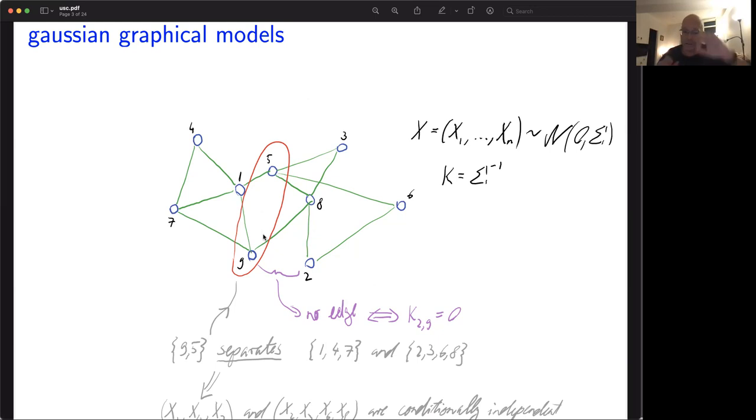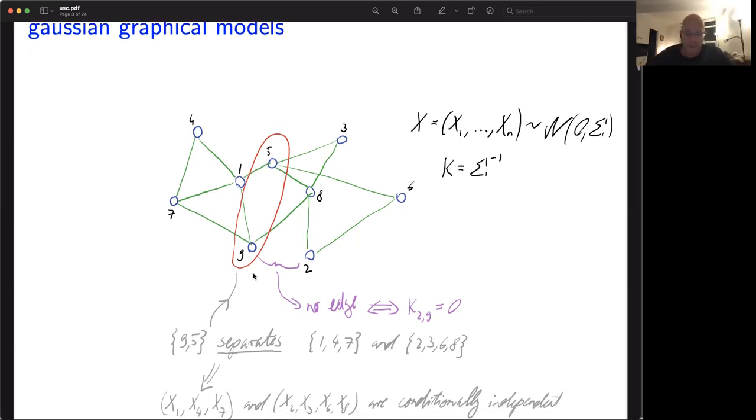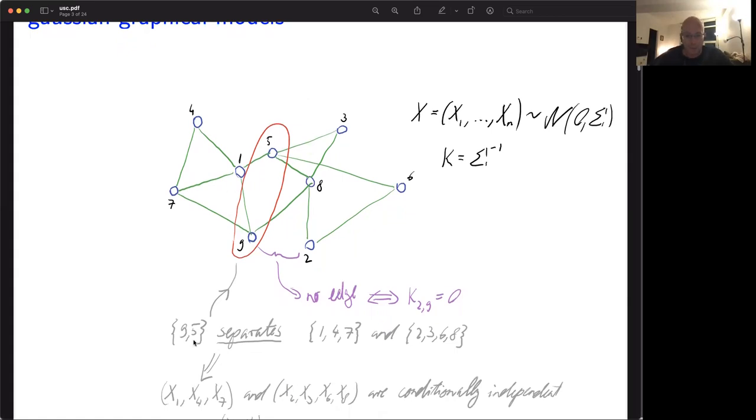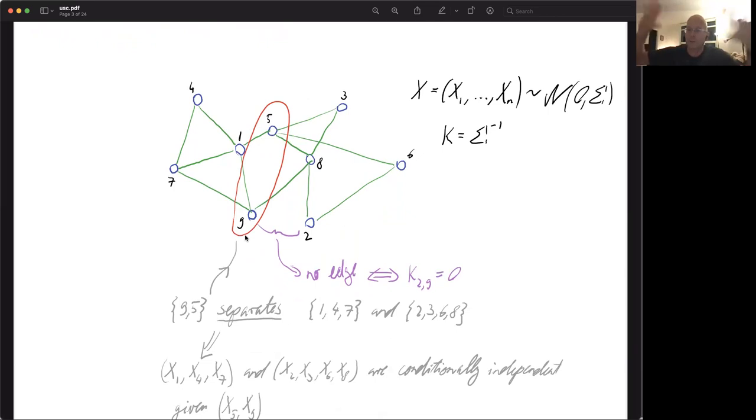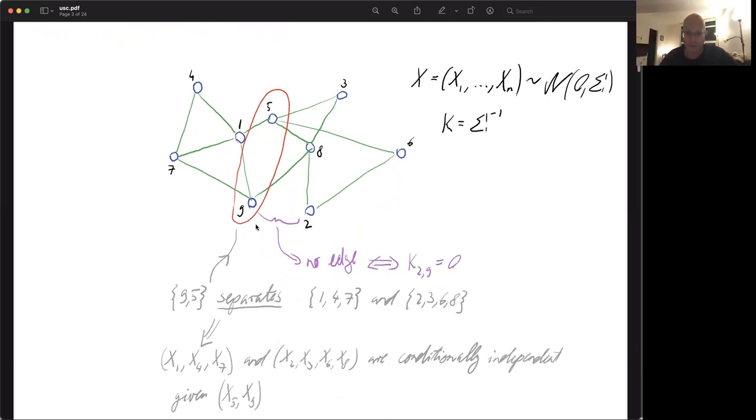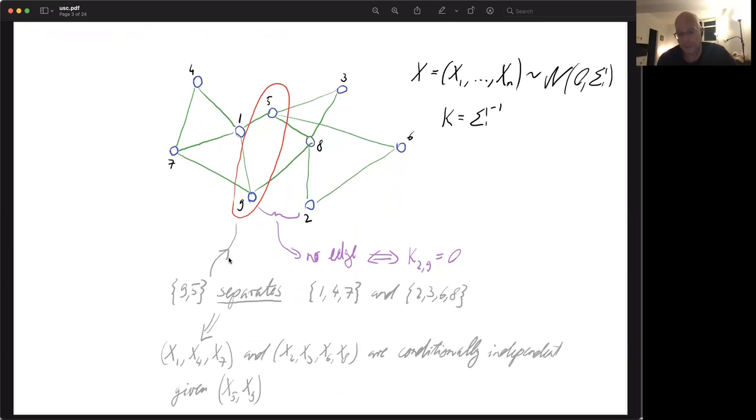So that's a separator. When we have a separator, that means that these two sets of variables, x1, x4, x7, and x2, x3, x6, and x8 are conditionally independent given x5 and x9. So there are all these nice conditional independence relationships encoded in this precision graph or concentration graph, which is called the graphical model.